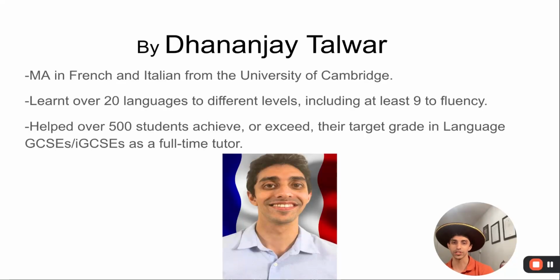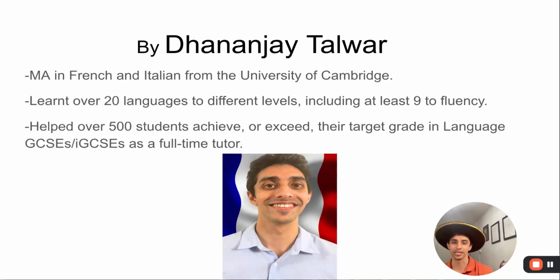So my name, first of all, is Dhananjay Talwar. I studied French and Italian at the University of Cambridge for my MA degree, and I graduated back in 2015. I've been in the field of education since that time, mainly as a full-time tutor. I have learnt over 20 languages to different levels myself, and that includes at least 9 to fluency, which of course includes Spanish too, which I picked up outside of school before practicing a lot with friends as I enjoyed it.